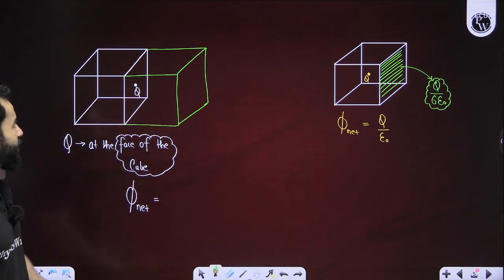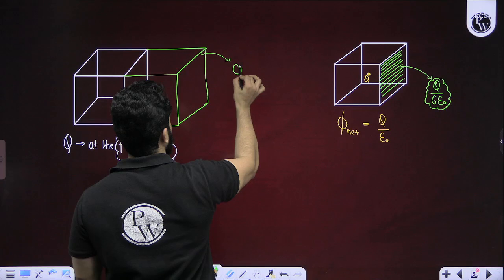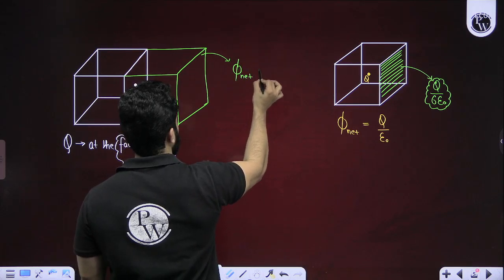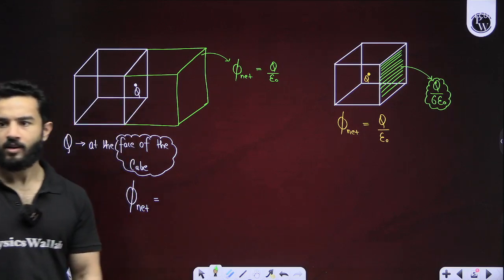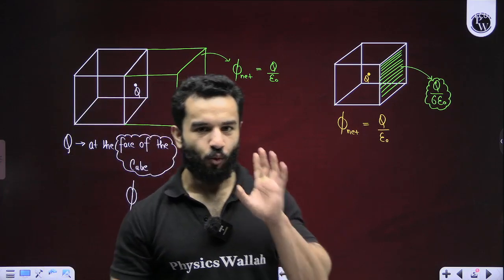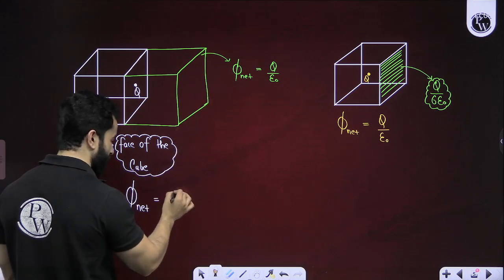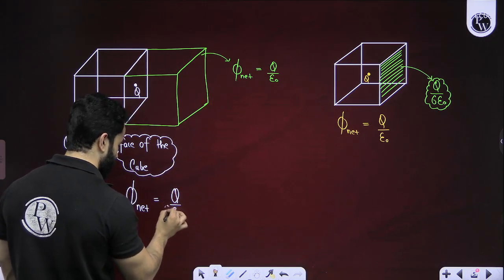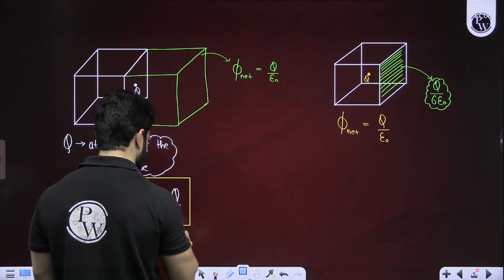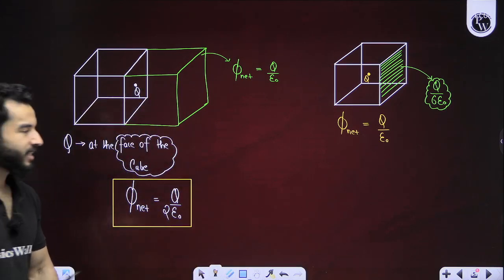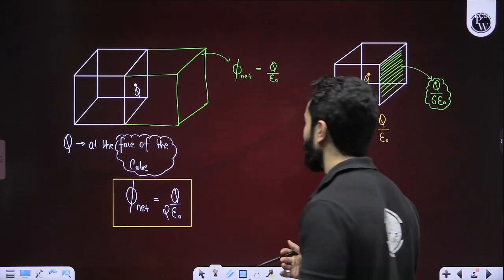Now because of this imaginary cube, the net flux for both the cubes will be total charge upon epsilon naught, Gauss law. But in reality, there is only one cube. So the total flux will be half of this, as the other half of the flux will be linked with the other imagined cube, right? Hopefully this is all good to you. These are some pretty typical basic problems.